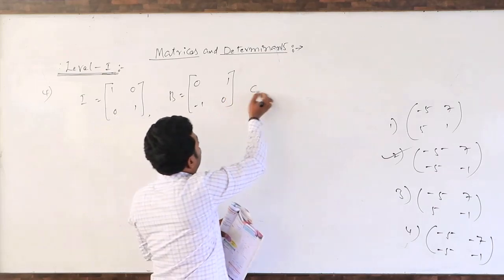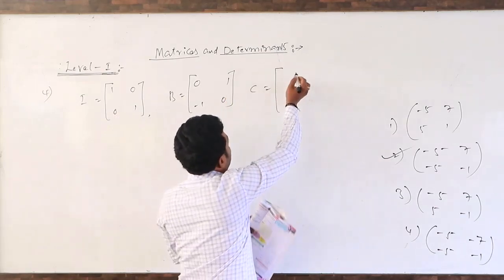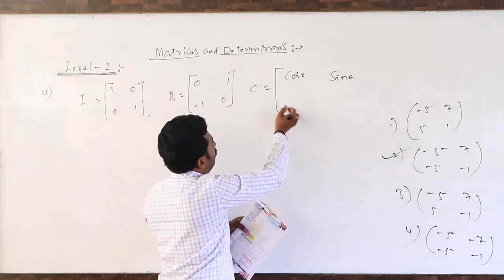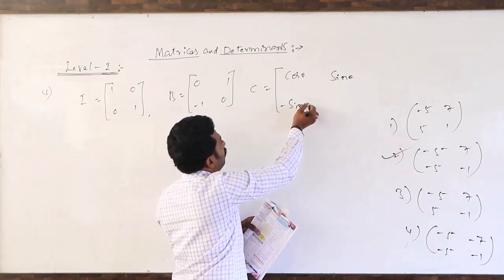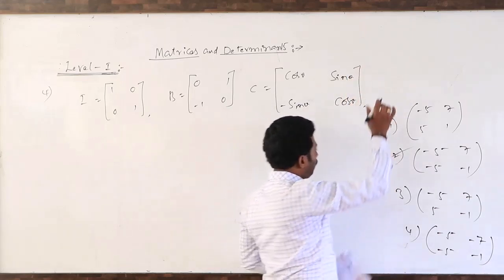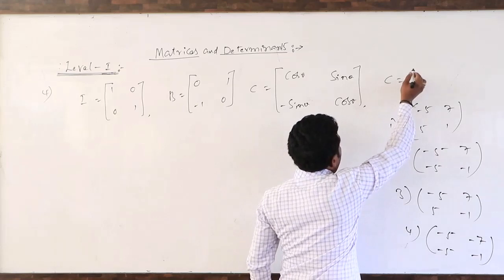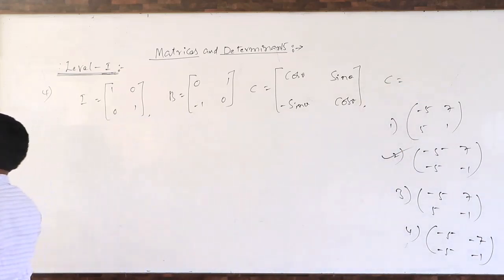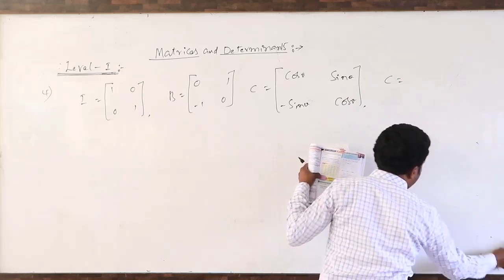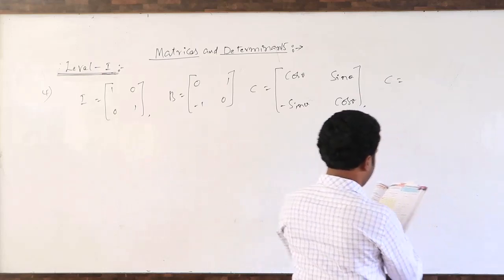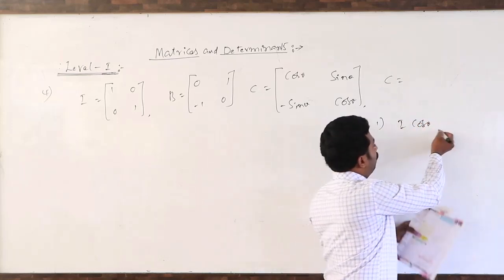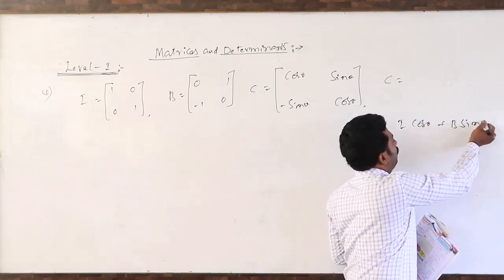C also they gave, C equal to cos theta, sin theta, minus sin theta, and it will be cos theta. So they are asking C equal to, means some options they gave. See here, C can be written as, so first option they are giving I into cos theta plus B into sin theta.